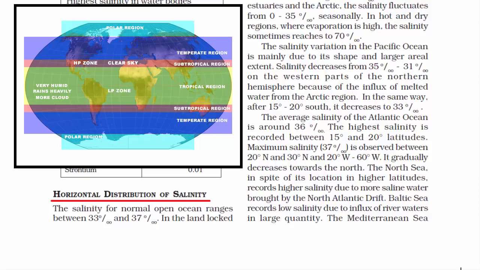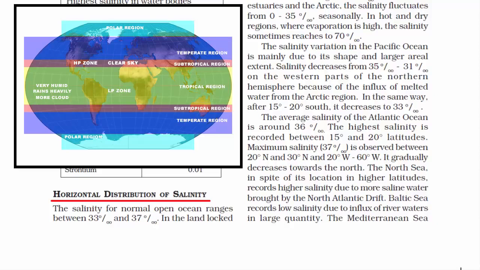Now with this much information, you simply have to look for the regions where you will find these conditions. The equatorial region receives more rainfall despite having high temperature. In the subtropical region, the skies are clear and precipitation is low. So the salinity level will be high. And the polar areas experience very little evaporation and receive large amounts of fresh water from the melting of ice.